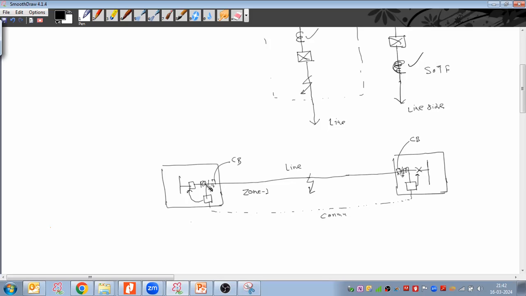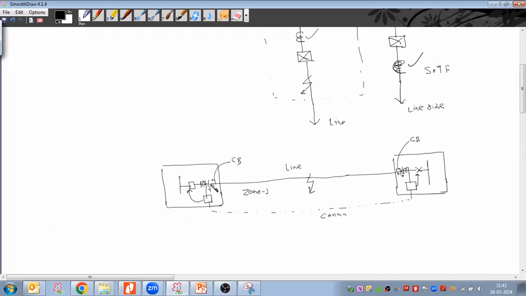First of all, this relay is going to sense this fault in zone 1. It sends an intertripping command to the other relay, and that relay is going to isolate its circuit breaker. Means when the fault happens in the line, sensing zone 1, it issues the tripping command to the breaker and the intertripping command to the remote relay and breaker as well.